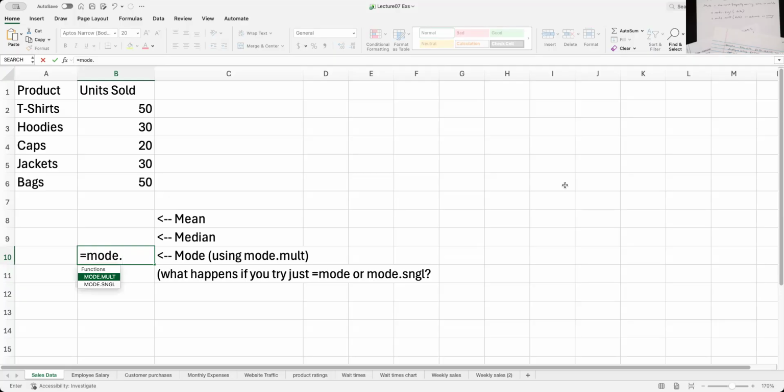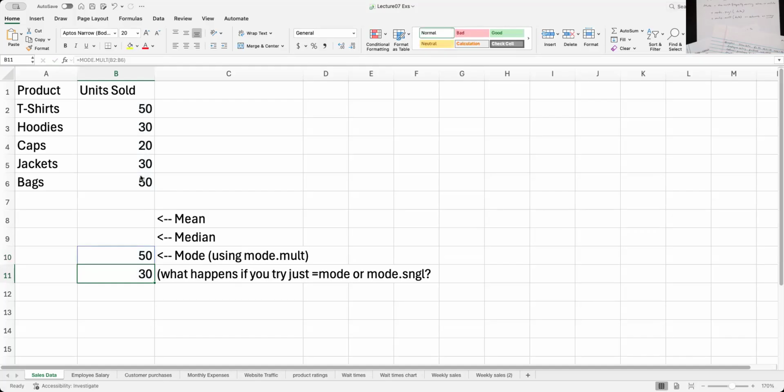Notice again, as I start typing, the commands start to fill in at the bottom. So if I click on where it says MODE.MULT, it then asks me to put in the data range if I forget what it needs. Close the parentheses. If I just hit enter, hey, I got two things.